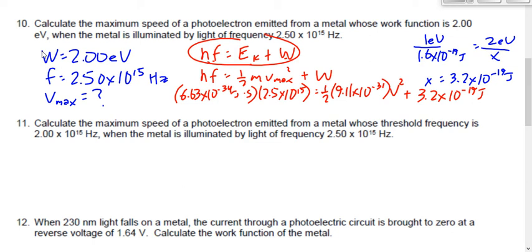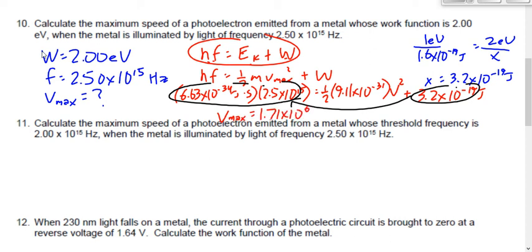So what you want to do here is calculate this number and then subtract the work function, because it's added to the rest of it. Then multiply by 2, divide by 9.11 times 10 to the minus 31, and then square root it. When you do that, for number 10, it works out to be 1.71 times 10 to the 6.